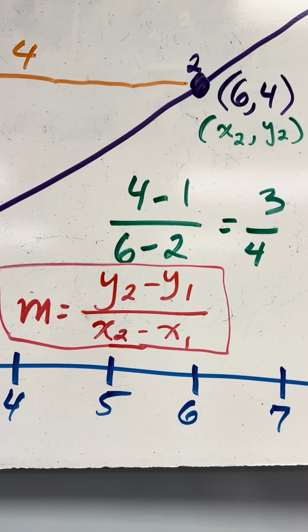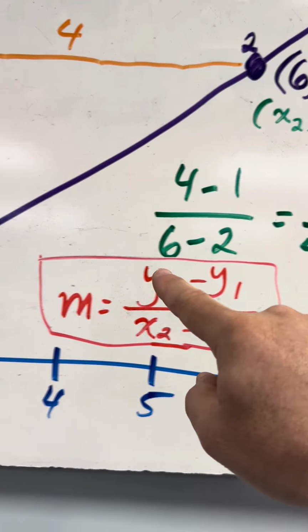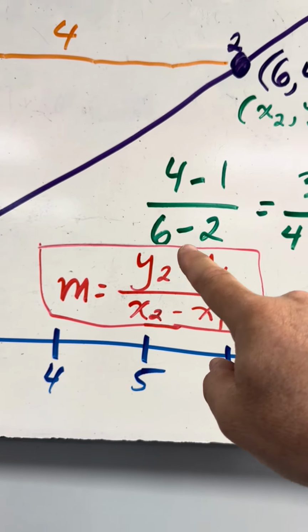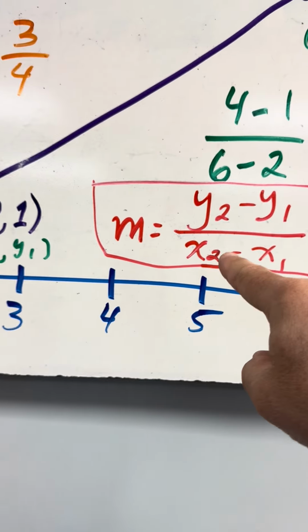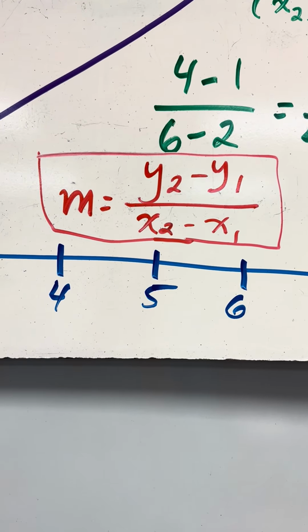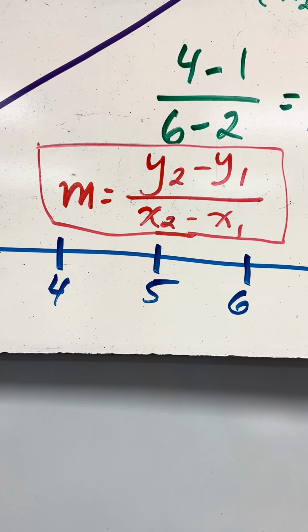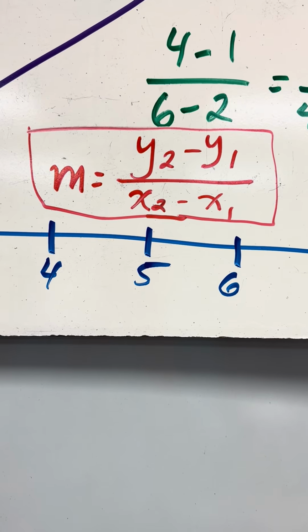So what did we just do? We just did y2 minus y1 over x2 minus x1. That is the formula for slope. M equals y2 minus y1 over x2 minus x1.